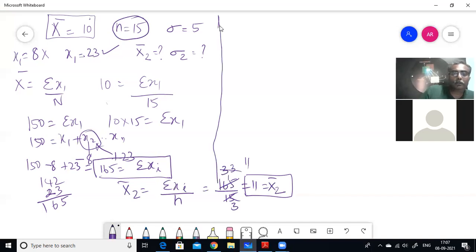Now you got to do one more part. Now what is sigma? Sigma is equal to 5, sir. Sigma is root of sigma xi squared by n minus sigma xi by n the whole squared.